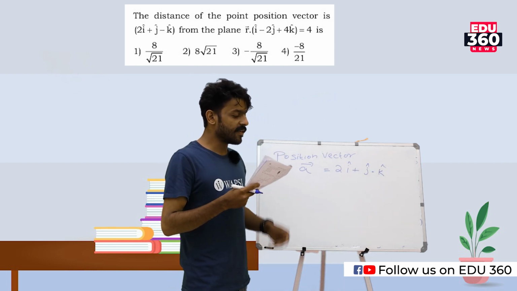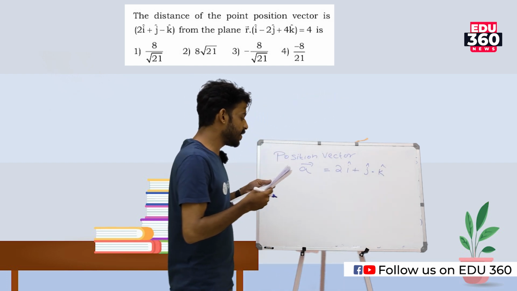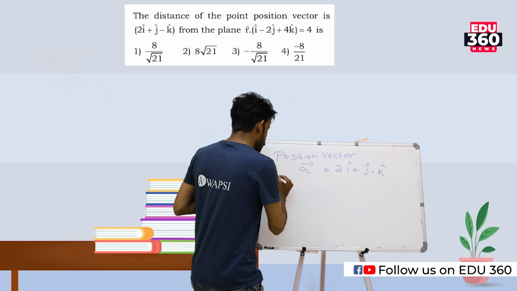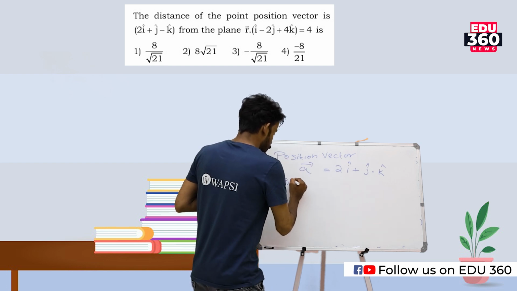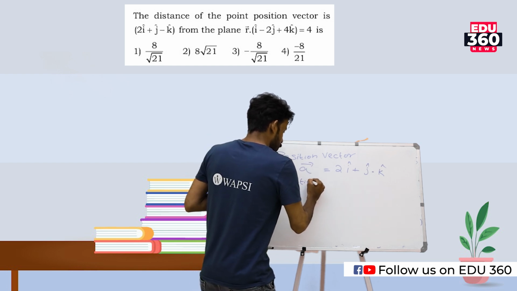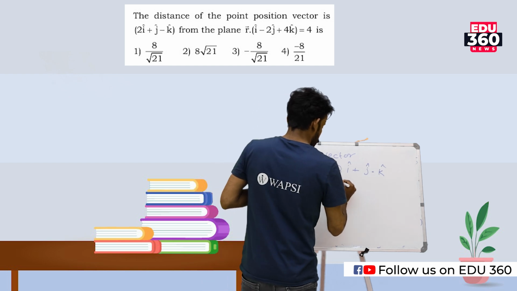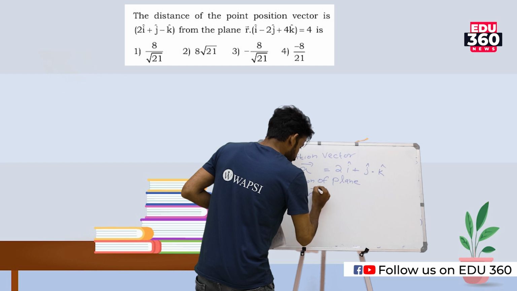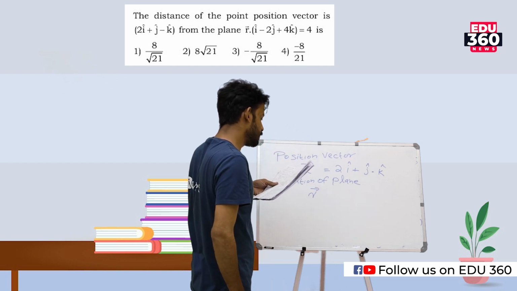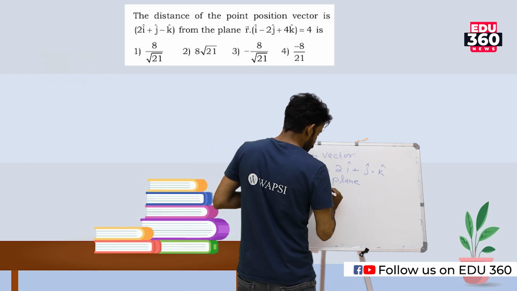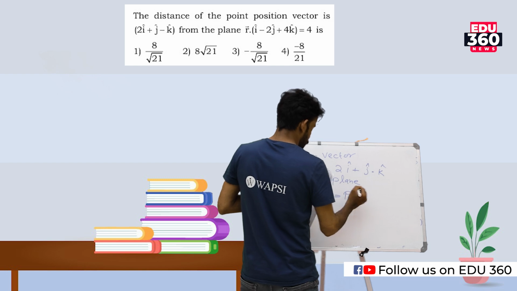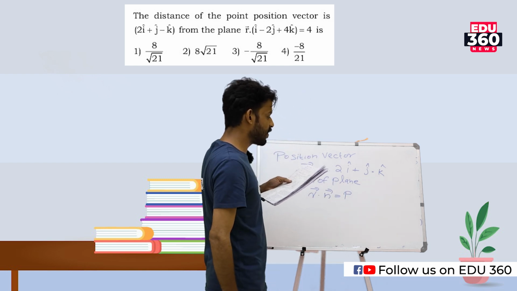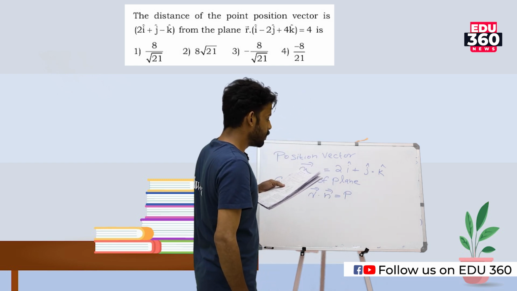And it's given the plane. The equation of the plane is given as r vector dot n vector is equal to p.